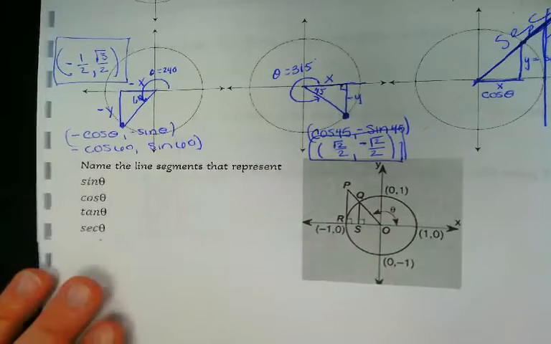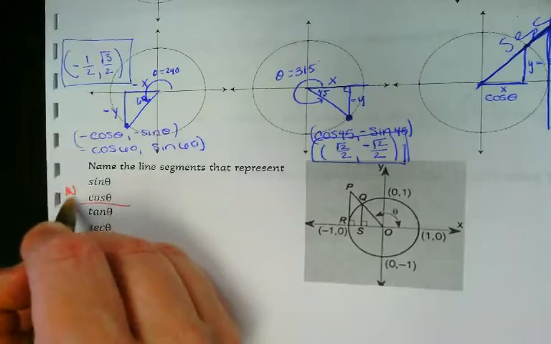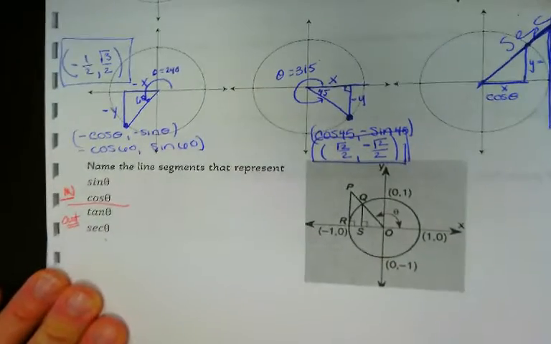All right, so I'm hoping this is pretty straightforward. Sine and cosine are inside the circle. Tangent and secant are outside the circle.